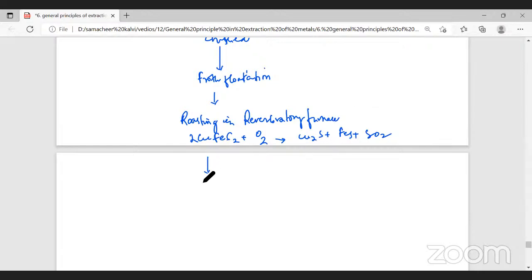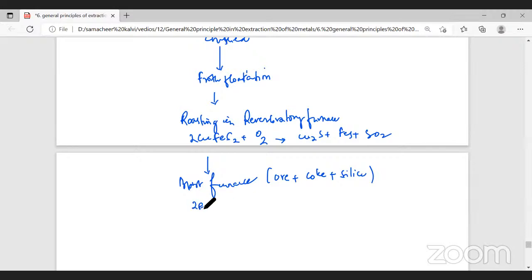Now, after roasting, this is taken into the blast furnace. A blast furnace is a vertical furnace, and it is heated in the presence of ore, coke, and silica. Silica is sand. It's a flux, remember. So what happens when you heat it in the blast furnace?